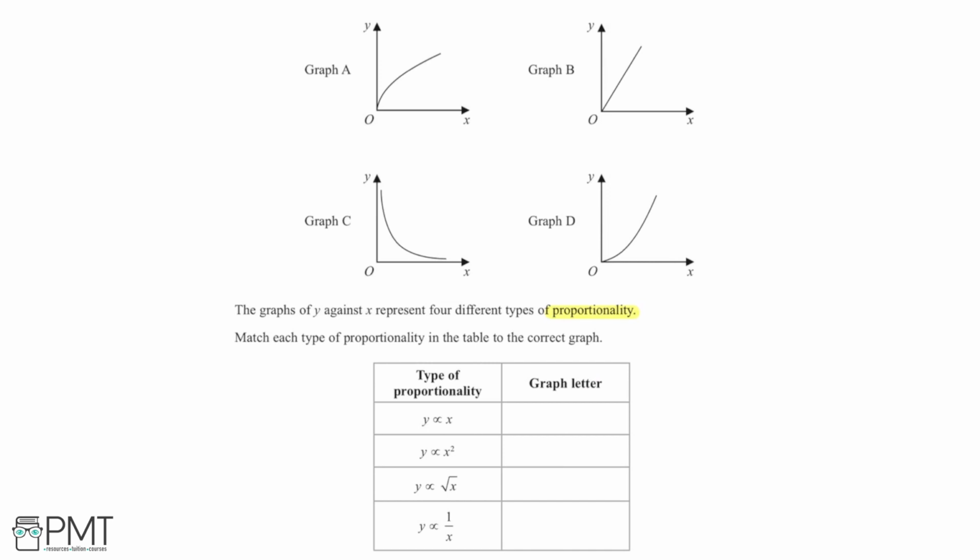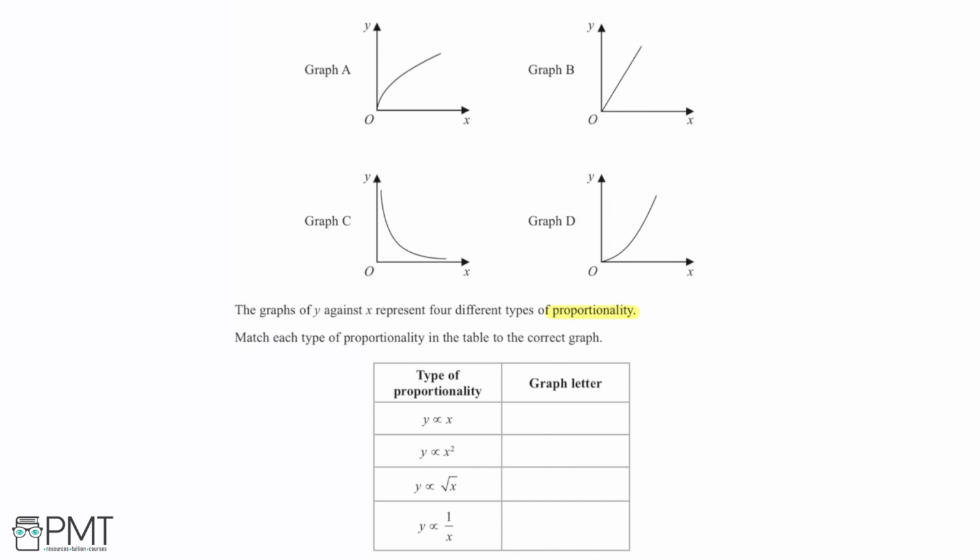So if I just take a moment to make sense of the graphs that we've got to start with, we've got graph A, which is a decreasing curve, a smooth curve, but the gradient's decreasing. For graph B, we have a straight line graph here. Graph C, we have another curve, however this time it's not starting through the origin.